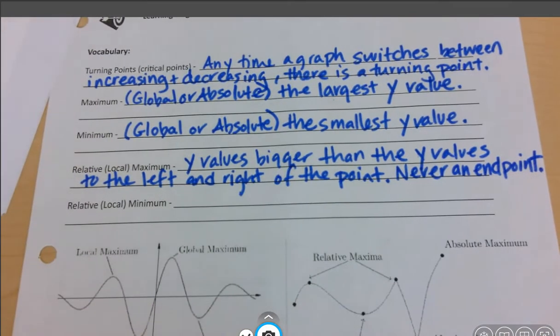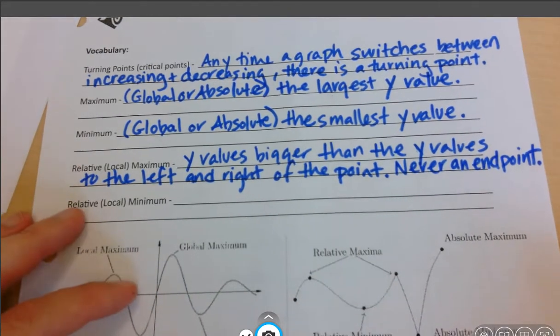And the relative or local minimum is going to be the same thing, except it's the smallest. So it'll be y values smaller than the y values to the left and right of the point.